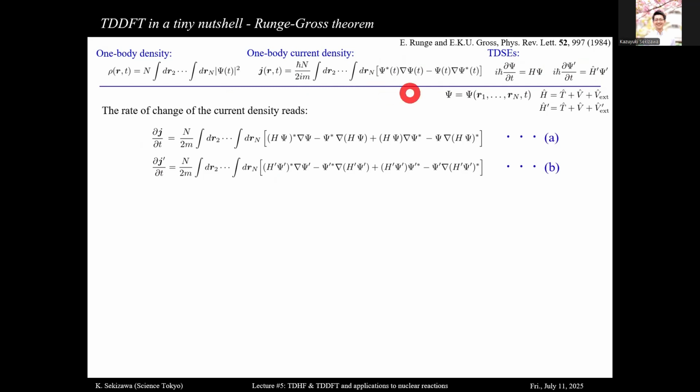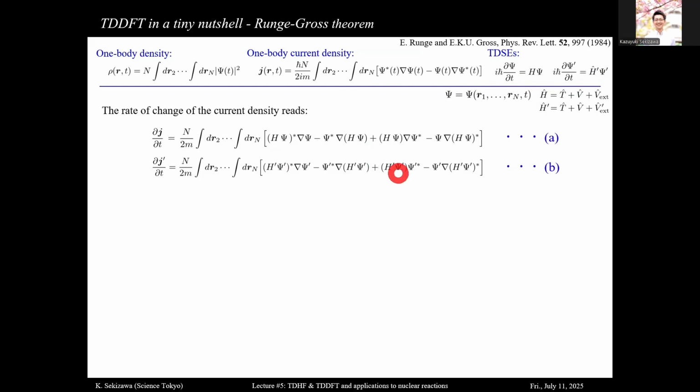And time derivative will operate on psi star and psi and psi star. Okay. And you can use TDSE to rewrite a bit. So again, you can use a time derivative of psi dot, let's say, can be written as H psi divided by i h bar. Okay. And yeah, already here I just replaced psi dot by H psi divided by i h bar.